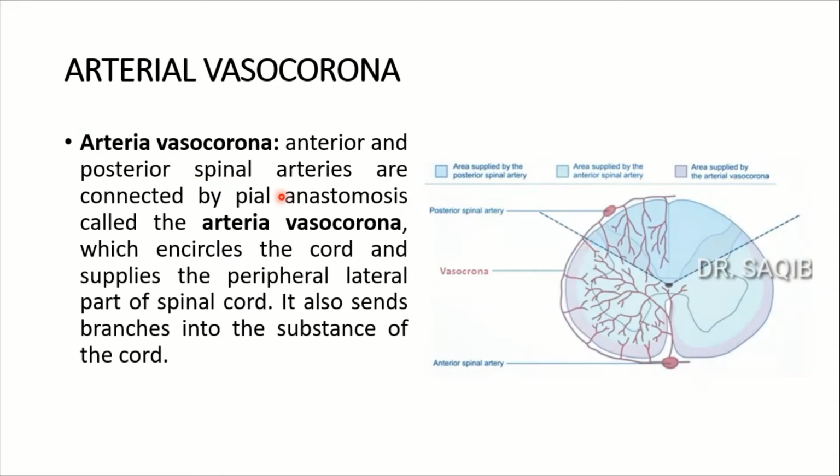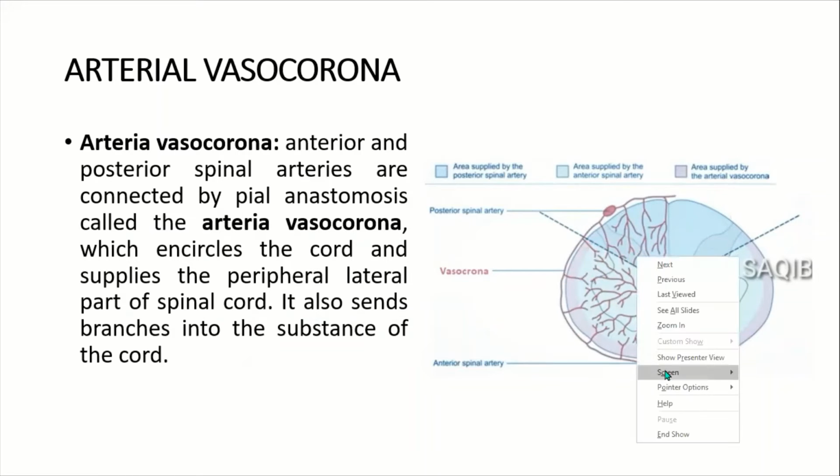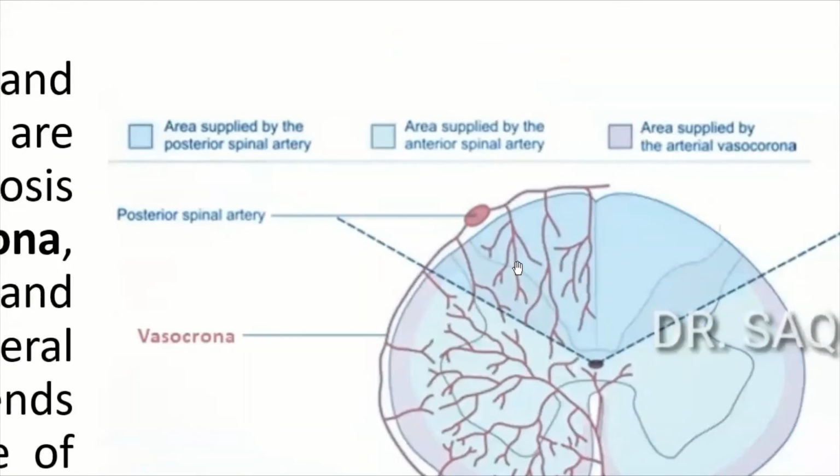The anterior and posterior spinal arteries are connected by pial anastomosis, called the arterial vasocorona, which encircles the cord and supplies the peripheral lateral part of the spinal cord. It also sends branches into the substance of the cord. Here are the branches going into the substance of the cord, right? I know an enlarged picture as well. Here it is zoomed, right?